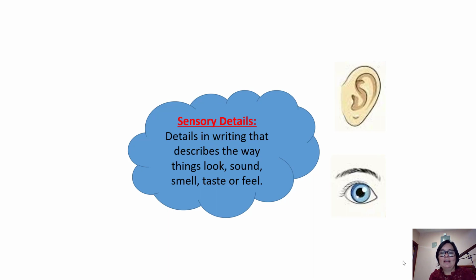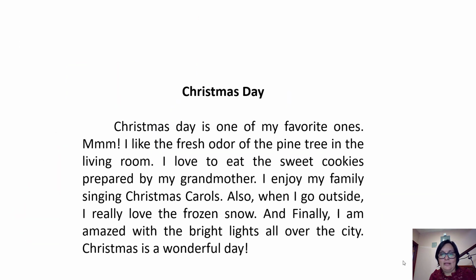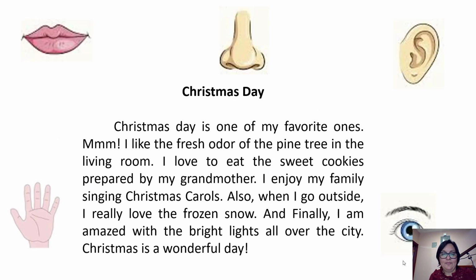Here you have it. Sensory details in writing describe the way things look, sound, smell, taste, or feel. There you have the five senses. And here you have another reading.